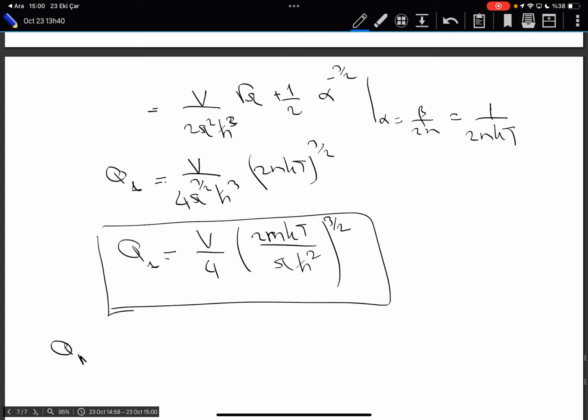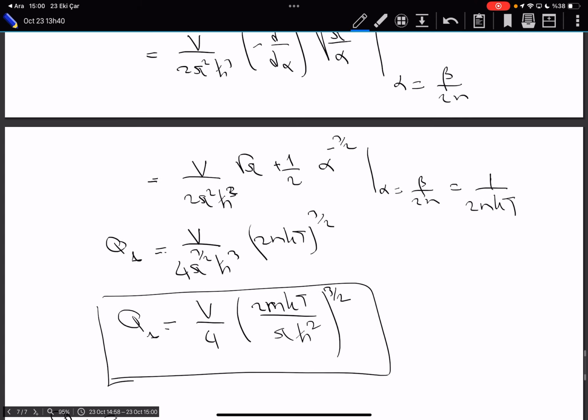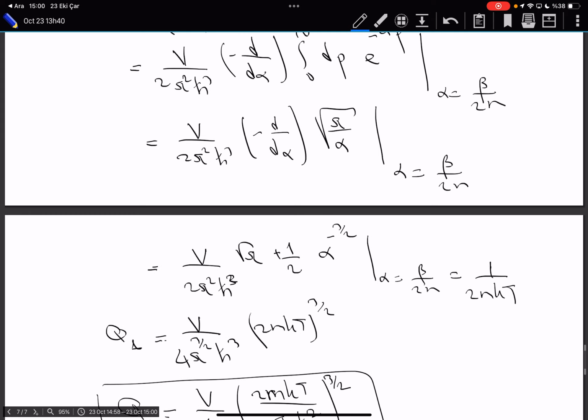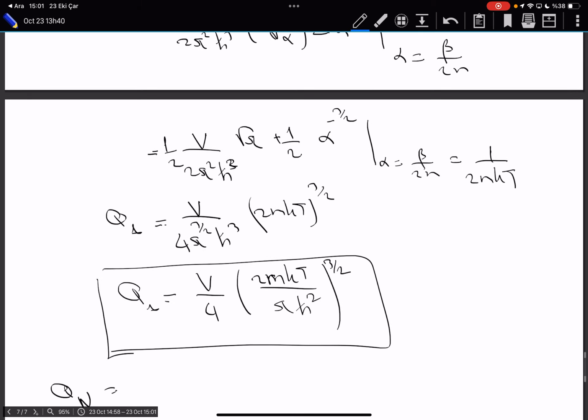So Qn, by the way, here there's another factor of 1 over 2. A Gaussian integral from minus infinity to infinity would have been pi over alpha. Since this is from 0 to infinity, it's just half the value. The derivative brings up an additional 1 over 2, so here I have 1 over 8.